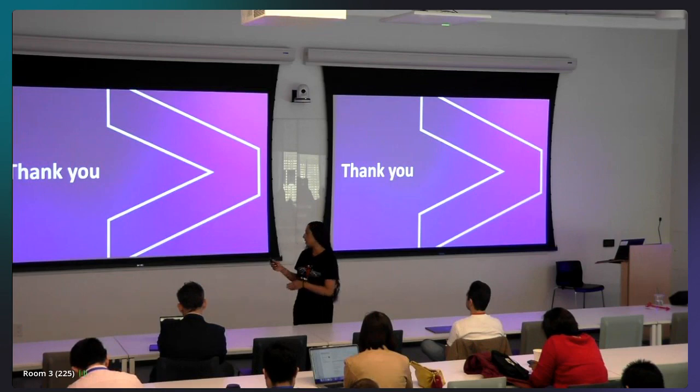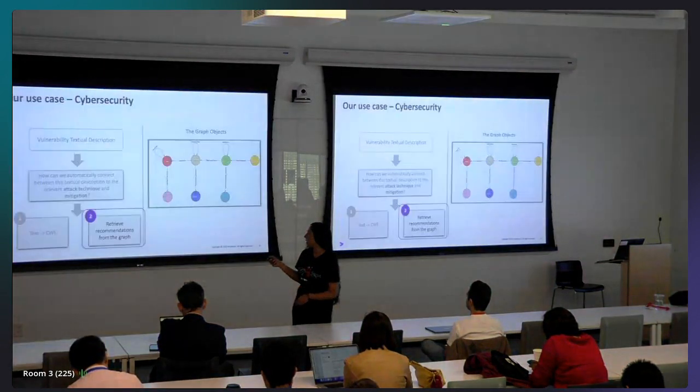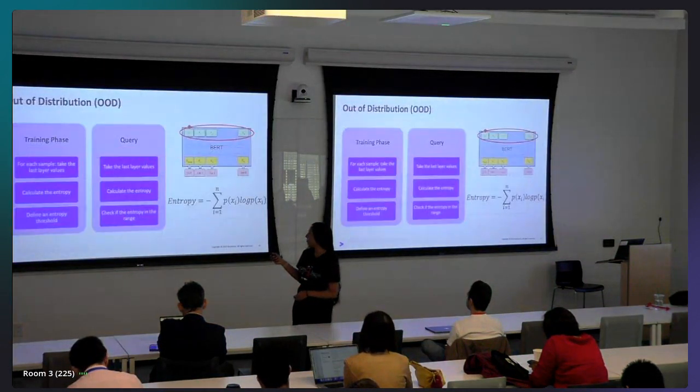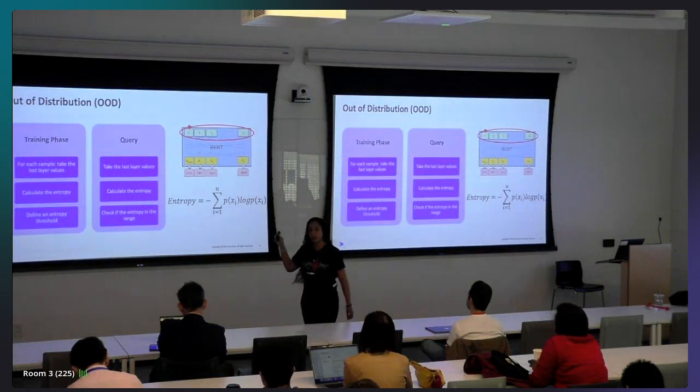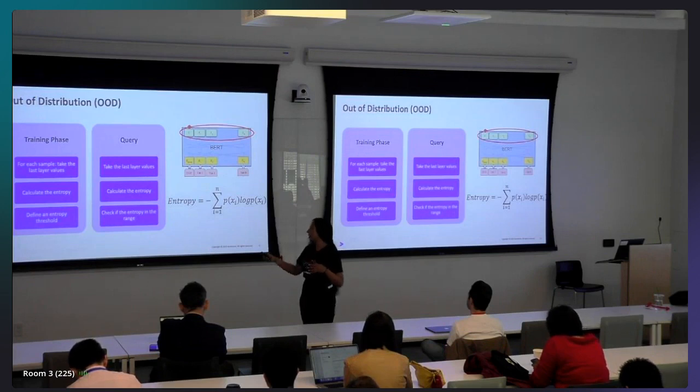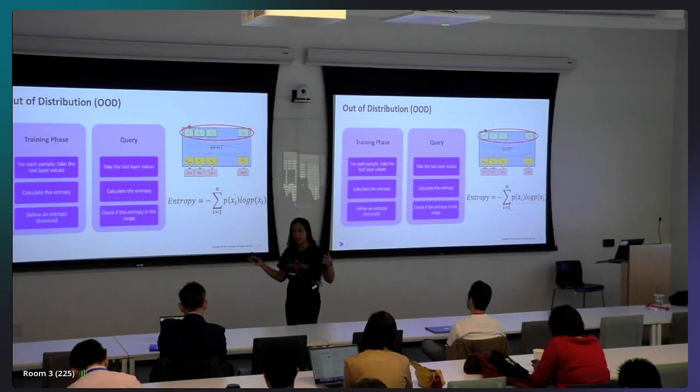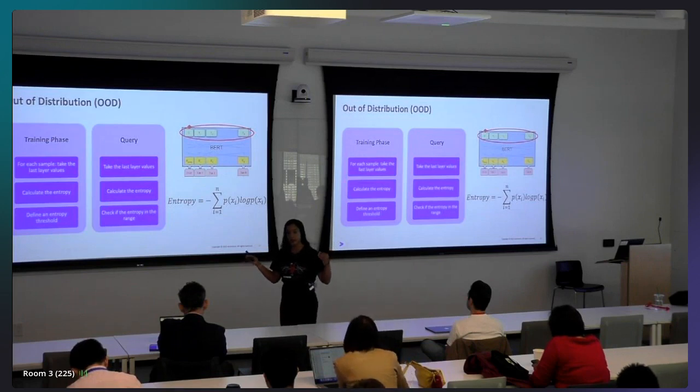This is why, as I said before, we train the BERT model, right? So we have the training data. Using this training data, we calculate the entropy value for each sample in our data set.